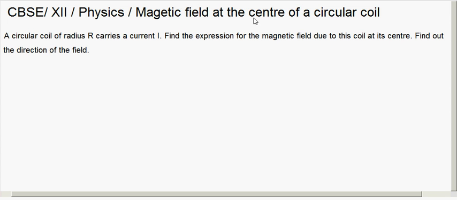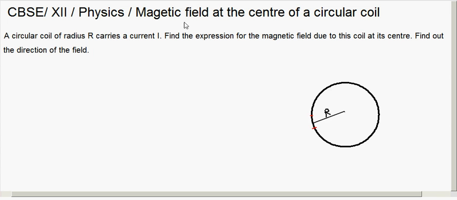Now let us consider a circular loop for this, with radius r. Let this be the center, and from the center the radius is r. To apply Biot-Savart law, we will take a small current element, say dl.